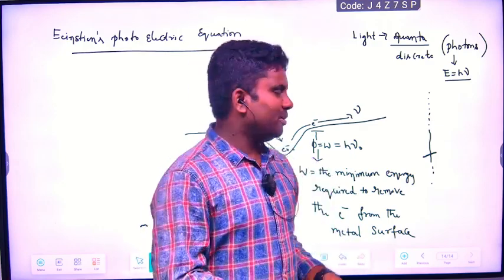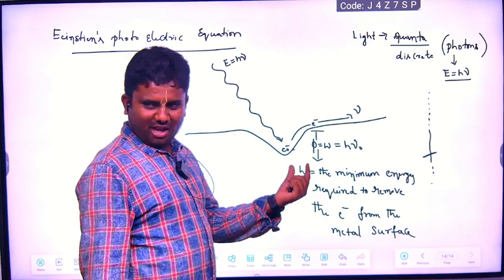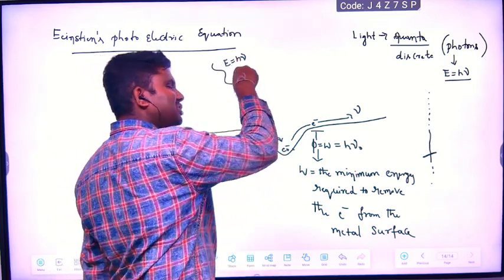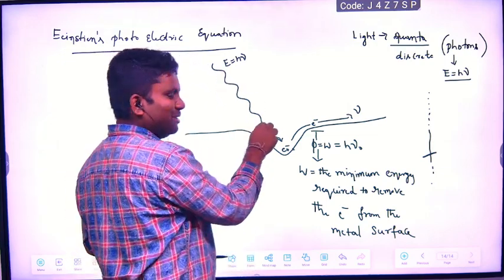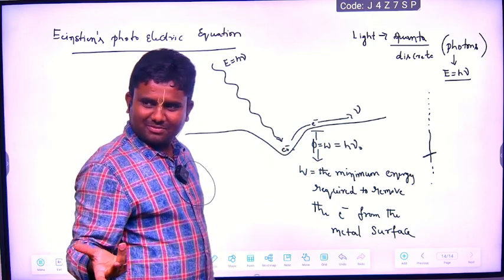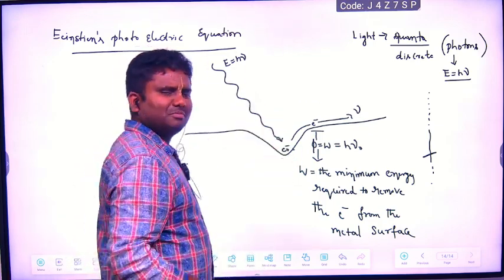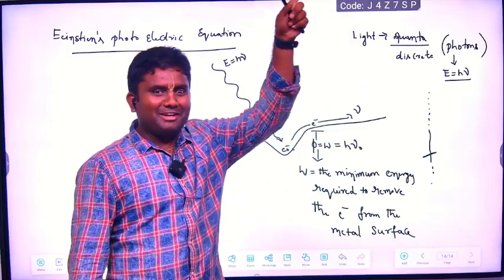The marble which is inside the hole, if it should come out, you should apply a minimum energy. If you slowly put the marble, will the marble inside the hole come out? No. If you throw very fast, it will not only come out, it will move again.